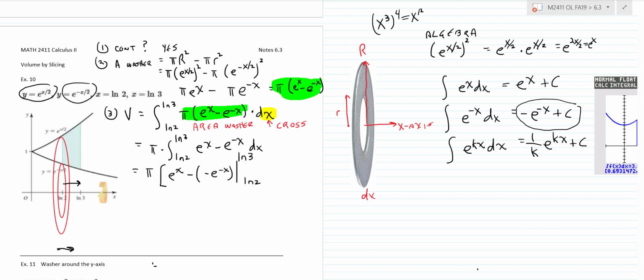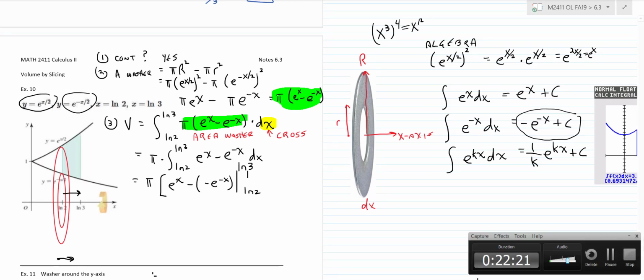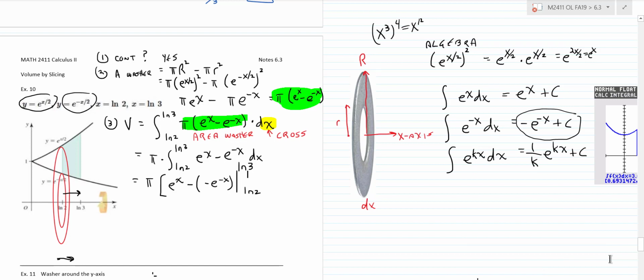Okay, like that. So let's go ahead and work this out then. I'll write one more step. This is really e to the x plus e to the negative x. Then we evaluate from ln2 to ln3 like this.